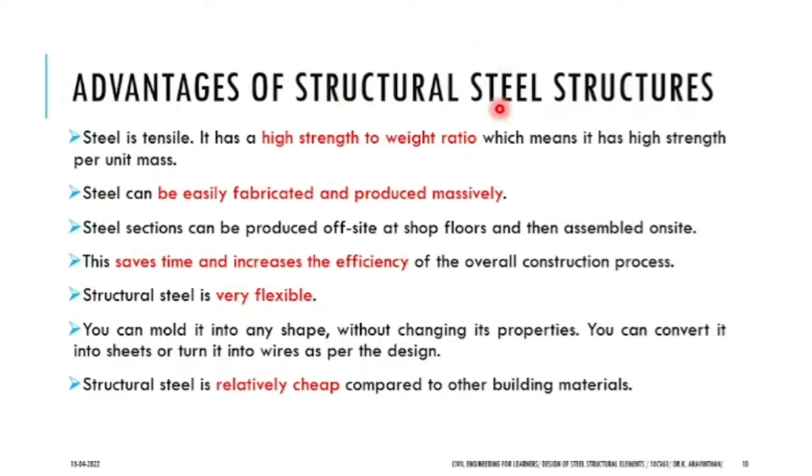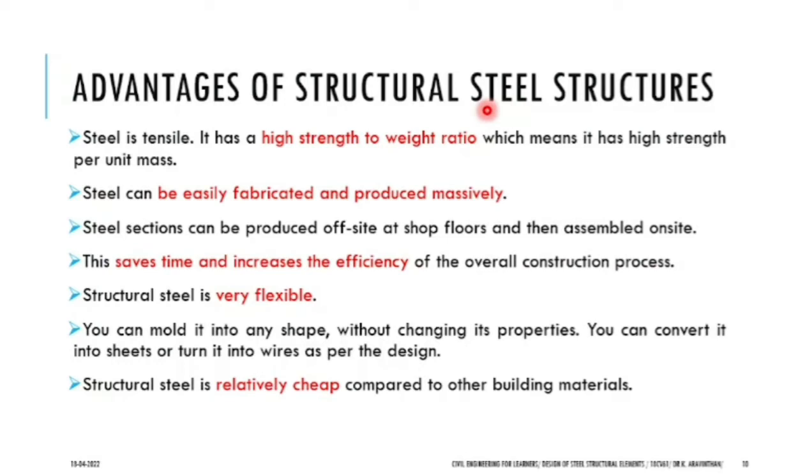So whatever steel you are using for construction, what are their properties? How can you go with that, and what are the advantages? So you can take it down. In the maximum of cases, the steel will be taking the tensile force. When you are using reinforced cement concrete, you are introducing the steel either at the bottom of the beam or at the top of the beam, where it is primarily used.